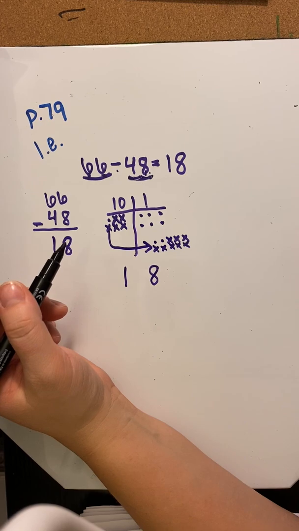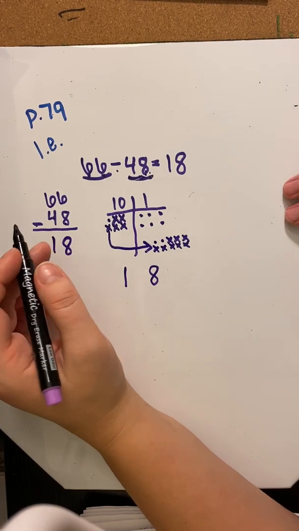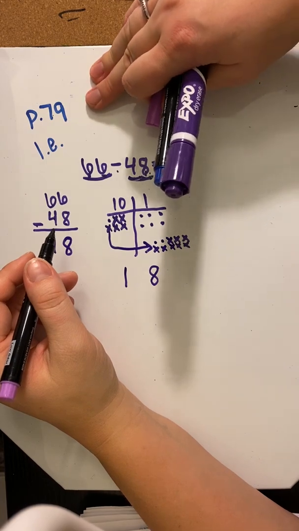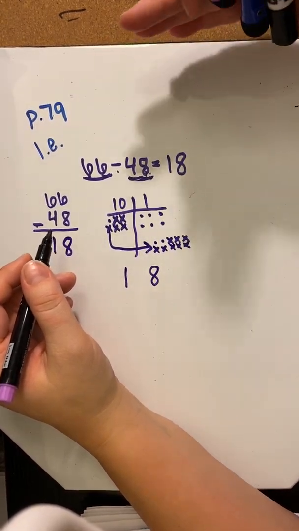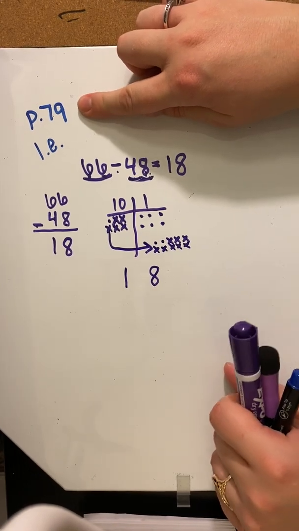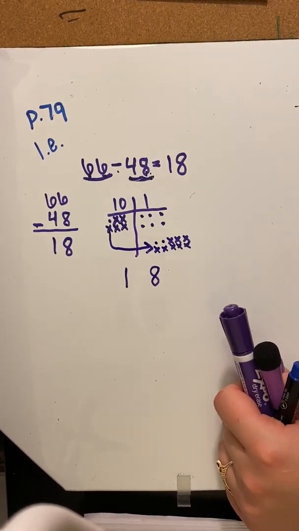Great job. So I would love for you guys to complete the rest of page 77, which was the first problem we did together, and then also page 79. Please take a picture and go ahead and send it in for your homework.